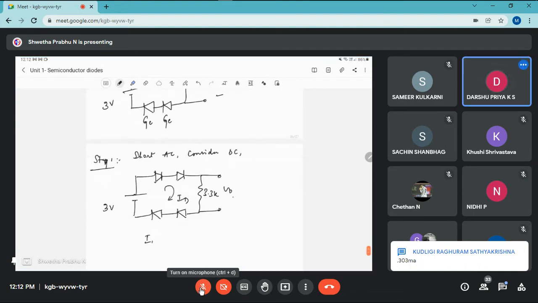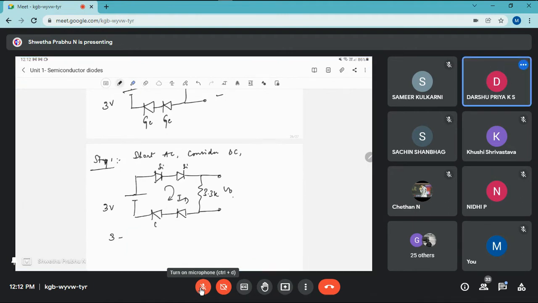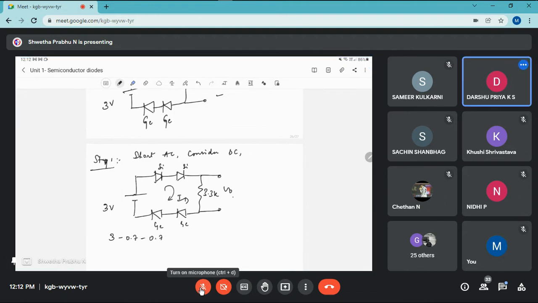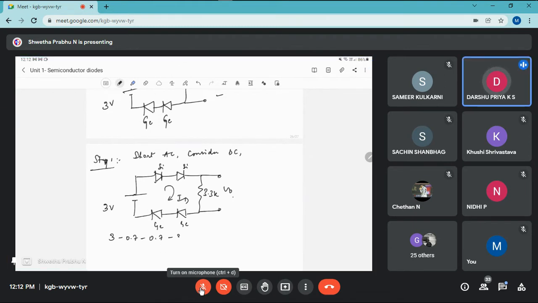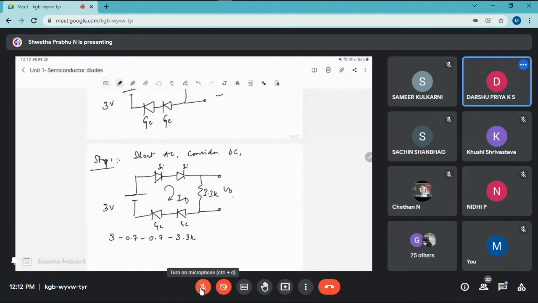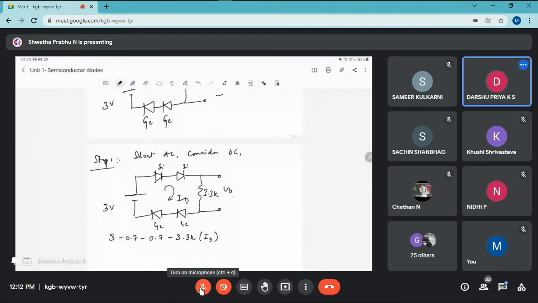3 minus 0.7 minus 3.3K into I. Minus 0.3.